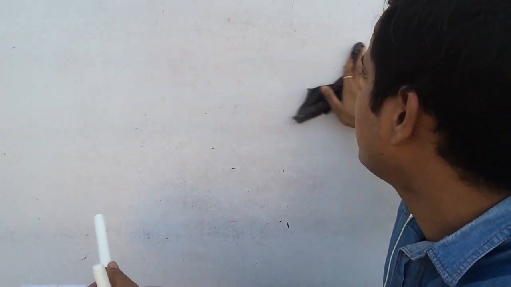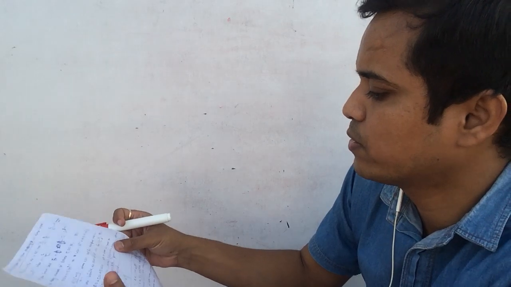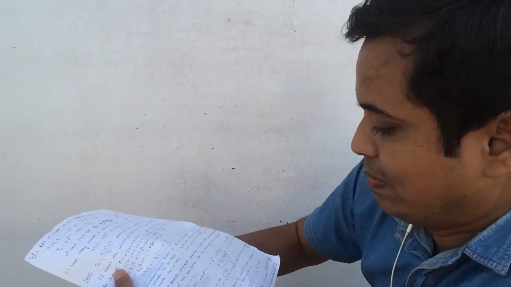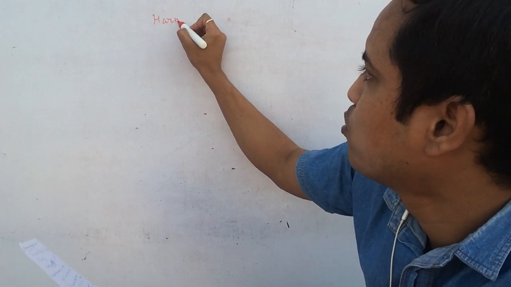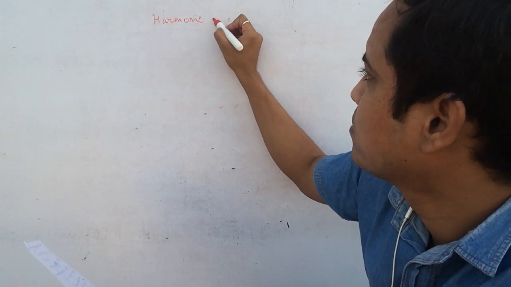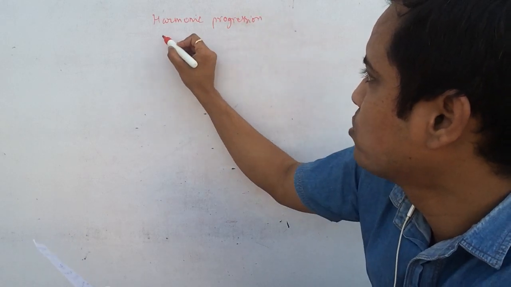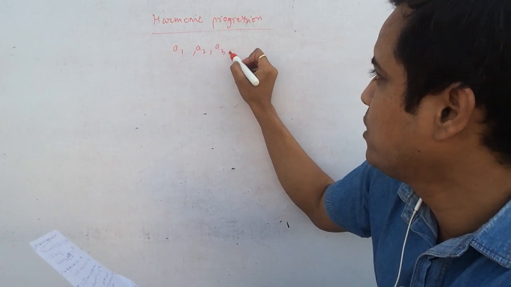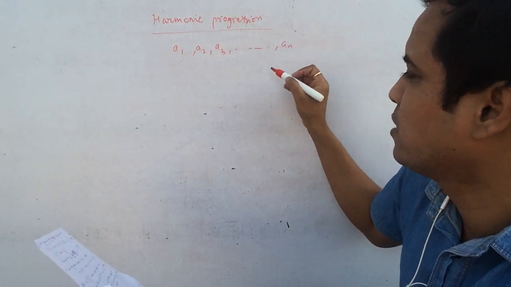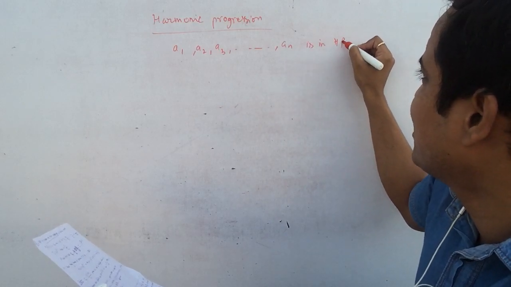Moving to the harmonic progression. We have explained the geometric progression, so how would the harmonic progression be? Suppose A1, A2, A3 up to AN are in harmonic progression, HP.